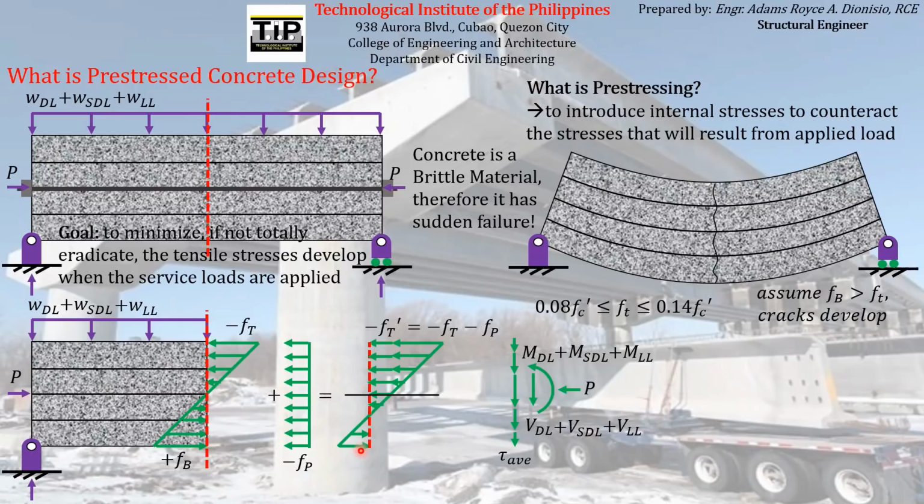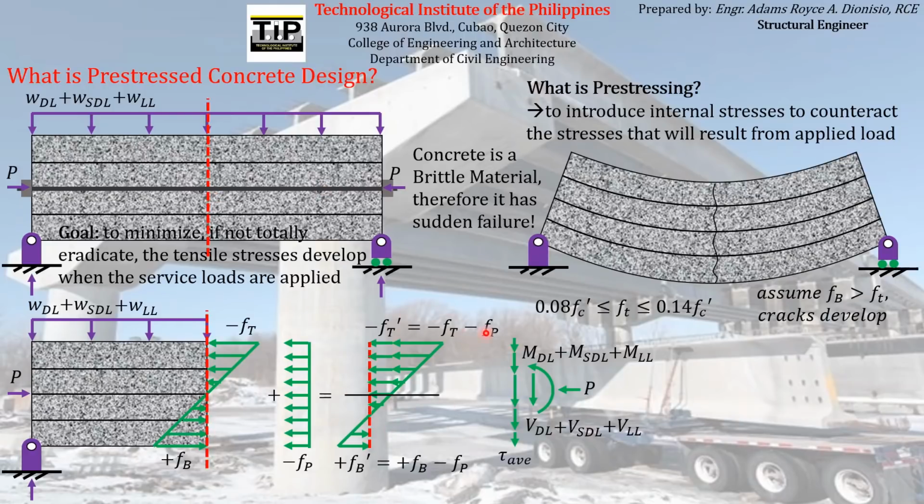The resulting stress at the bottom due to these flexural stresses and axial stresses will have a magnitude of F sub B plus negative F sub P. Again, let's call the sum of F sub B and F sub P as F sub B prime, the flexural stress at the bottom, where the apostrophe indicates after addition of pre-stressing reinforcement.